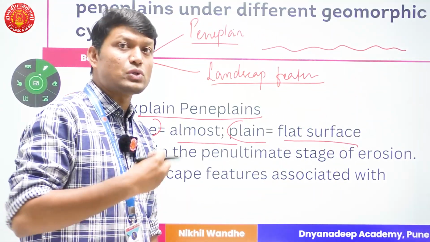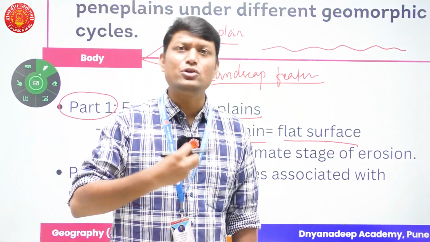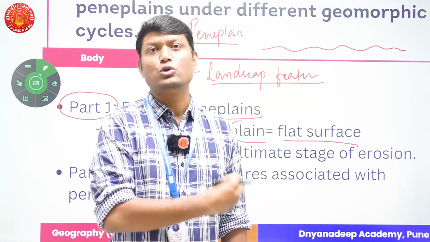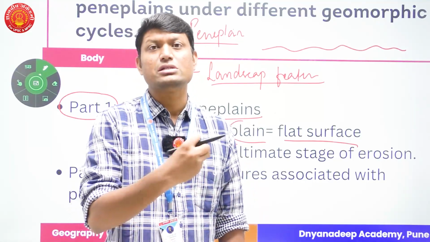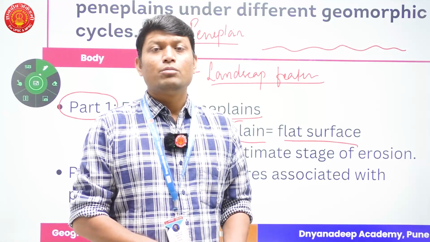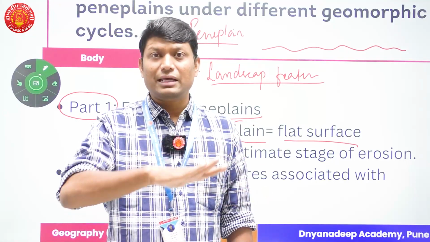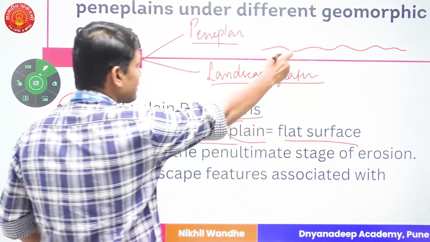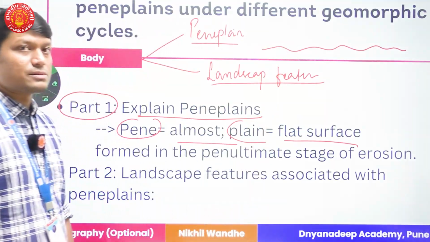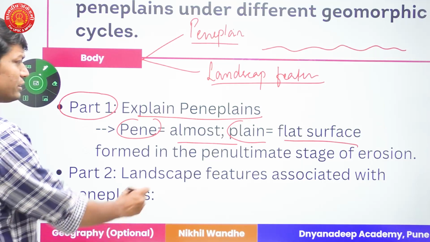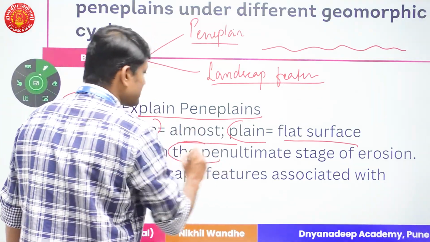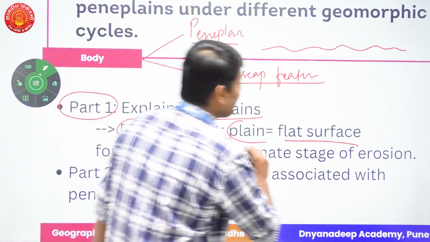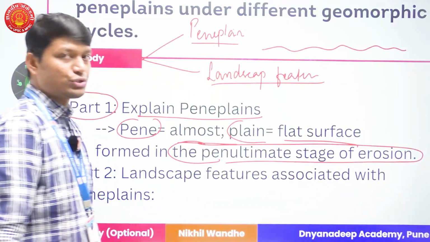If you go to the peninsular region of India, you will find these erosional planes or erosional surfaces, and most of the peninsular part of India is undulating. It's not a flat plain. That is the character of an erosional surface. Now, this erosional surface is formed in the penultimate erosion.